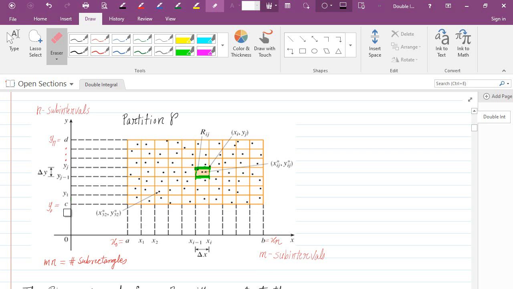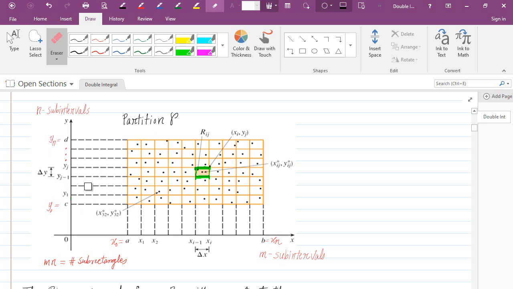Similarly, now we are going to break up the rectangle into horizontal strips. So we are dividing it at y0 equal to c, and then we are drawing a horizontal line at y1, a horizontal line at y2, a horizontal line at y j minus 1, y j, up to the horizontal line at y n, which is d.